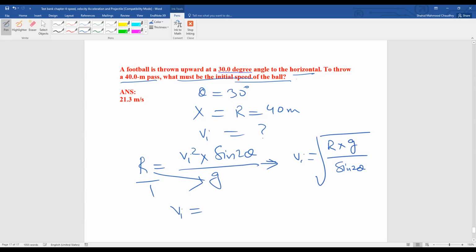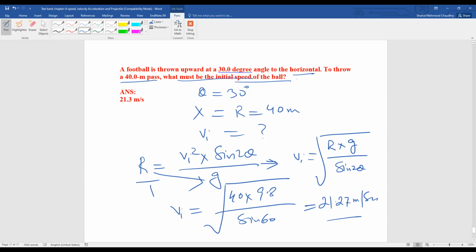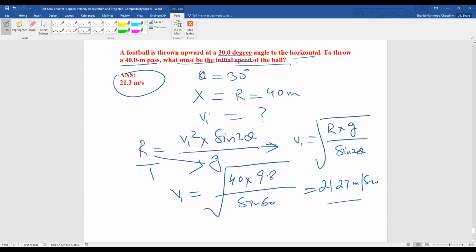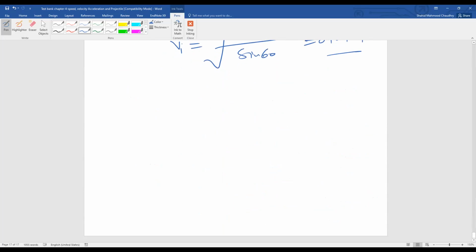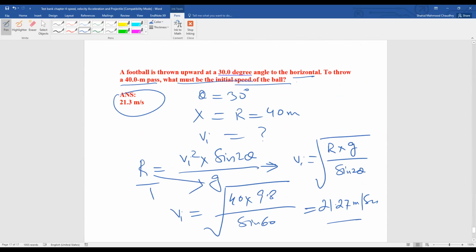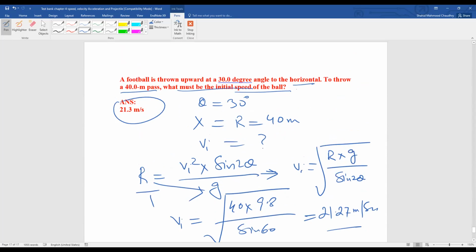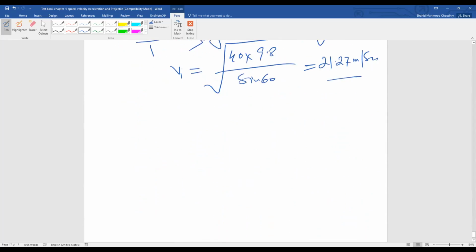So Vi is equal to, R is 40, g is 9.8, sine of 2 theta, sine of 60 degrees, 2 multiplied by 30 is 60. When you solve this, your answer will be 21.27 meters per second, so about 21.3. So these are the problems I wanted to discuss with you about projectile motion.